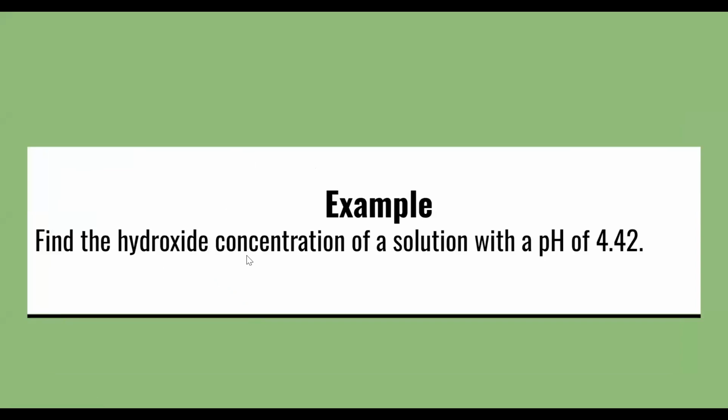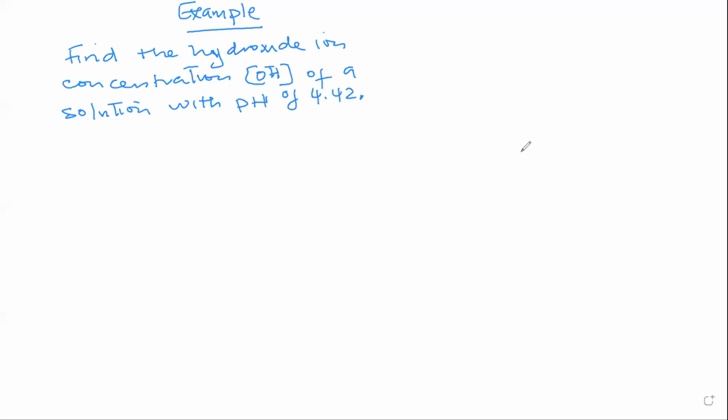Okay. So now let's look at this example. It said find the hydroxide ion concentration of a solution with a pH of 4.42. So again, we have to understand the question.